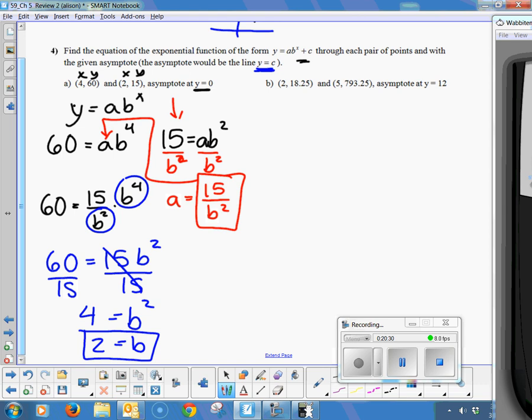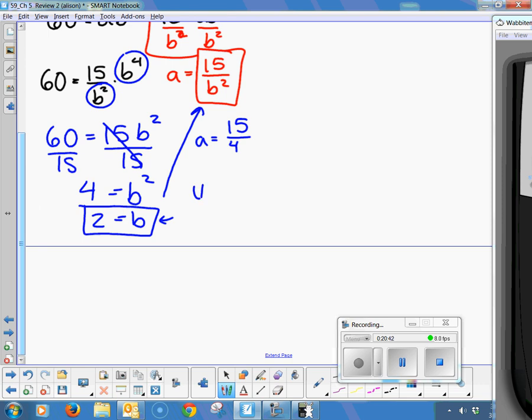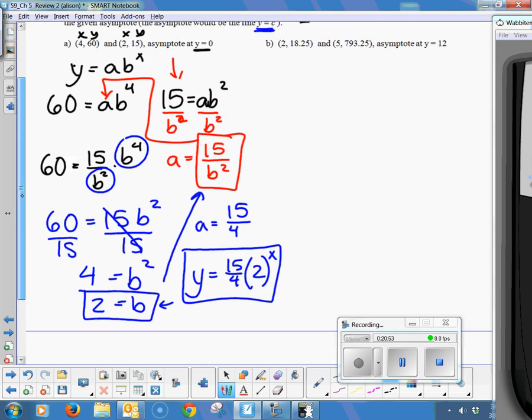Now that we know that, I'll go back to, say, this equation, and let a be 15 over 2 squared, 4. So we get, for a final equation, y equals a times b to the x. Okay, 1 down, 1 to go.